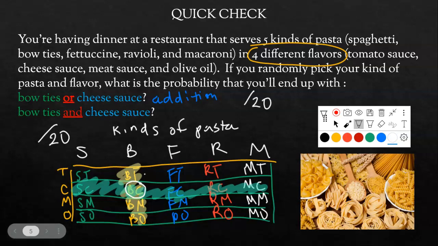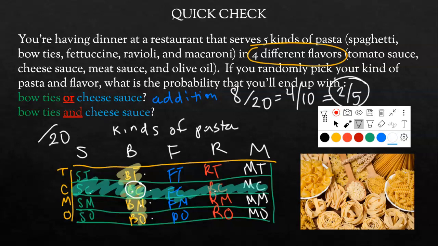So that would be 1, 2, 3, 4, 1, 2, 3, 4, 5, but I'm not going to count this. So that's going to only be 1, 2, 3, 4, 5, 6, 7, 8 out of 20. You can reduce that by dividing by 4. But a lot of times I like to divide by 2, like 8 divided by 2 is 4. Whenever I have even numbers in a fraction, I like to just cut the numbers in half until I get an odd.